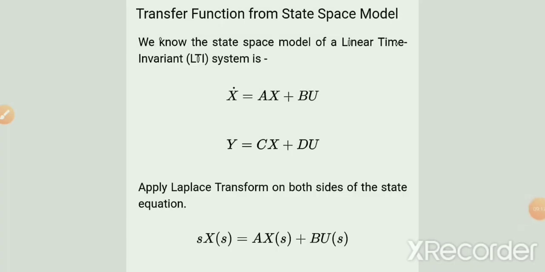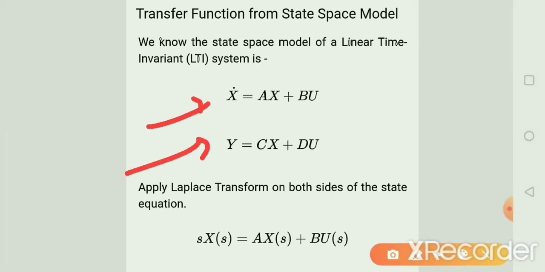Now find the transfer function for the state space model. We know that the state space model for a linear time invariant system is x dot equals Ax plus Bu, which is the input equation, and the output equation is y equals Cx plus Du. Here A, B, C, D are matrices.